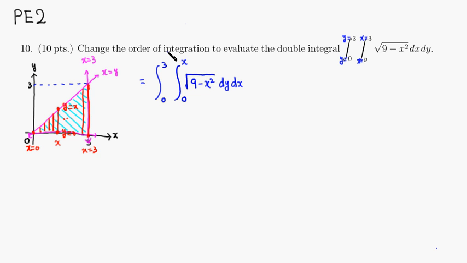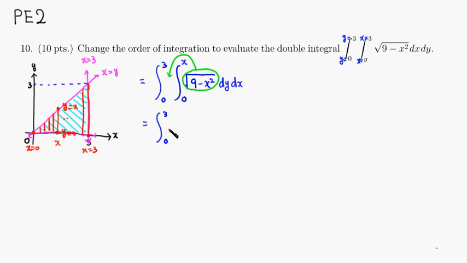Alright, let's evaluate this. Since the square root has nothing to do with y, it is a constant, so I'm going to place it in front of the integral. You get the outer integral from 0 to 3.